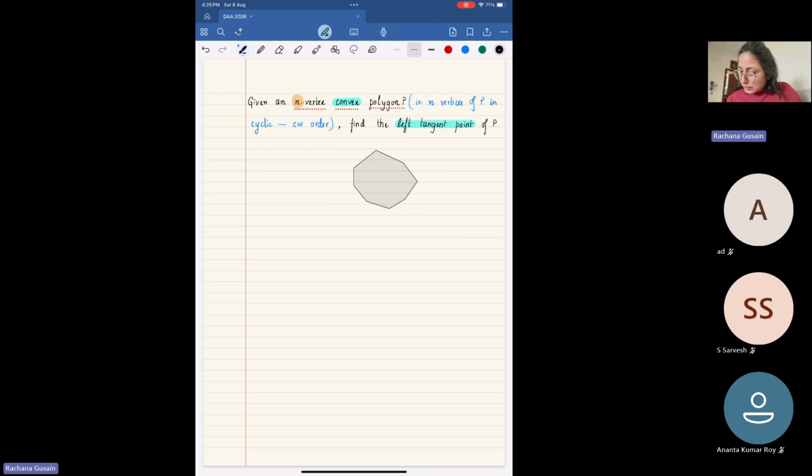Okay, so I have this polygon, and it's not just the polygon, we are also given a point small p, because the tangent point is defined with respect to a point which is outside the polygon P. Find the left tangent point of polygon capital P with respect to the point small p.